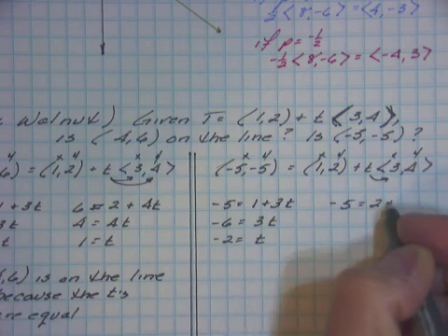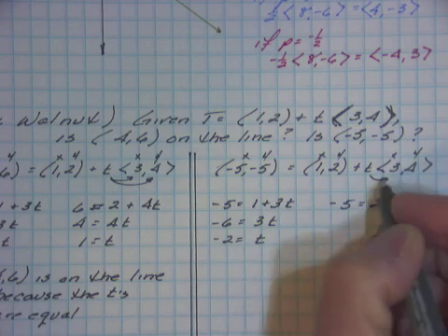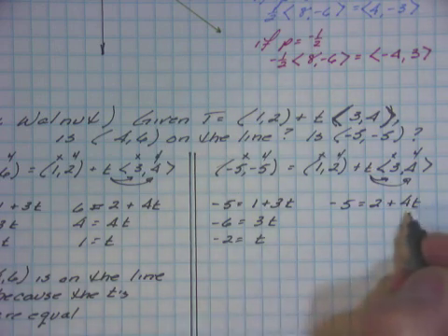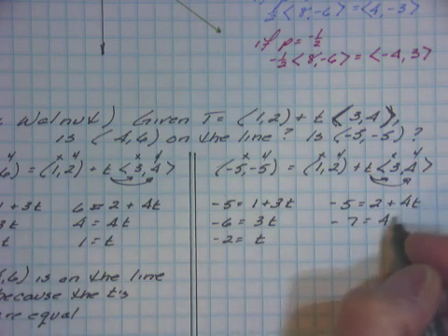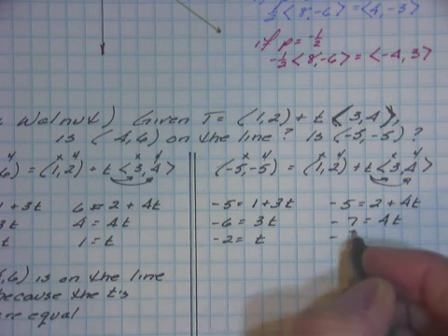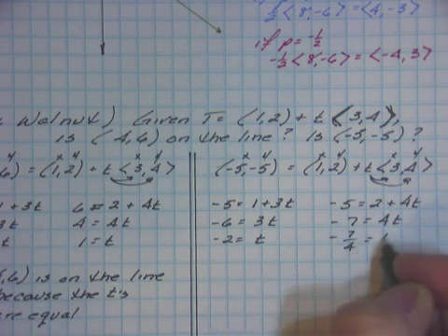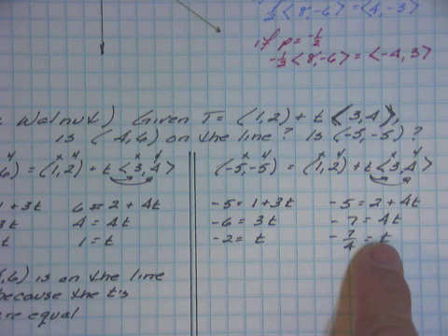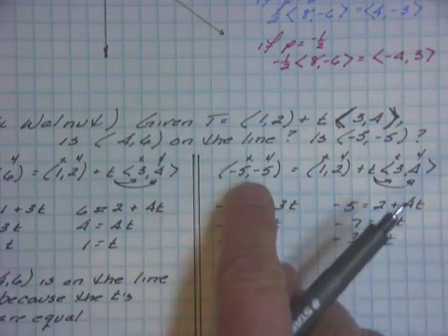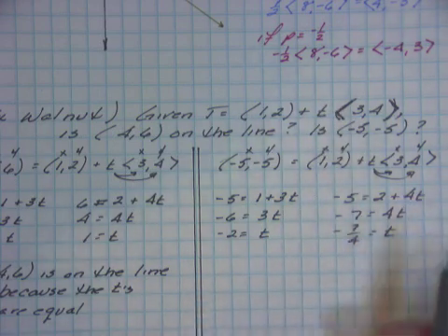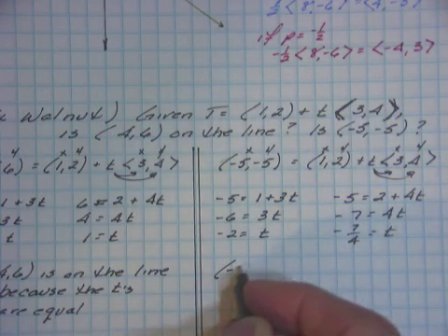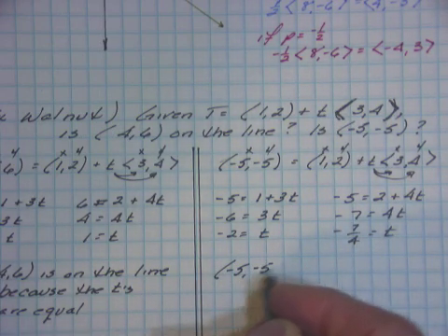So this would lead me to believe that t equals -2. Now let's do the y's. You've got -5 equal to 2 plus 4t. Take 2 away from both sides, and -7 equals 4t, or -7/4 equals t. Now look, the t values are different.